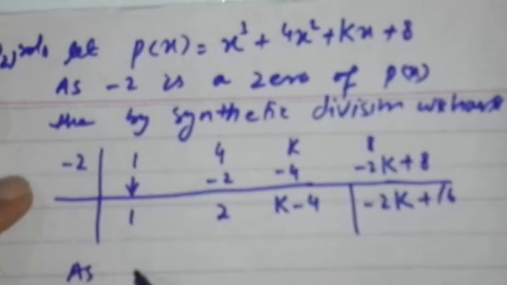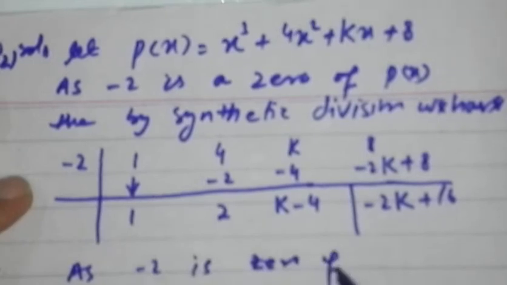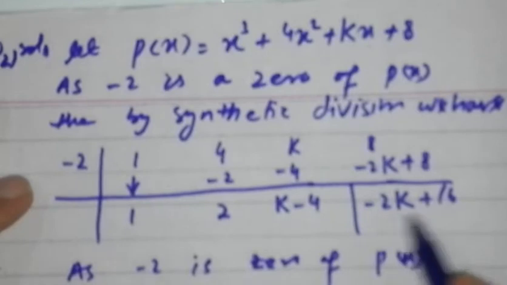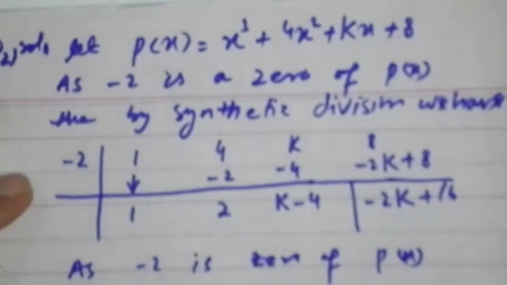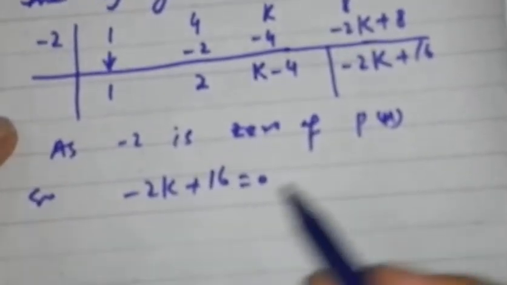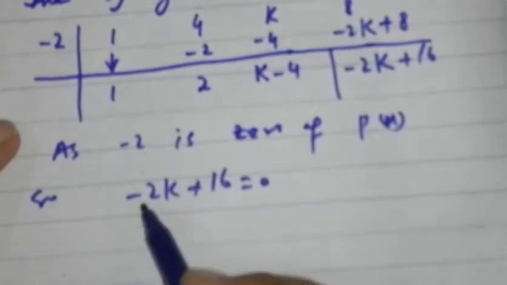As minus 2 is a zero of p of x, this remainder minus 2k plus 16 equals 0.